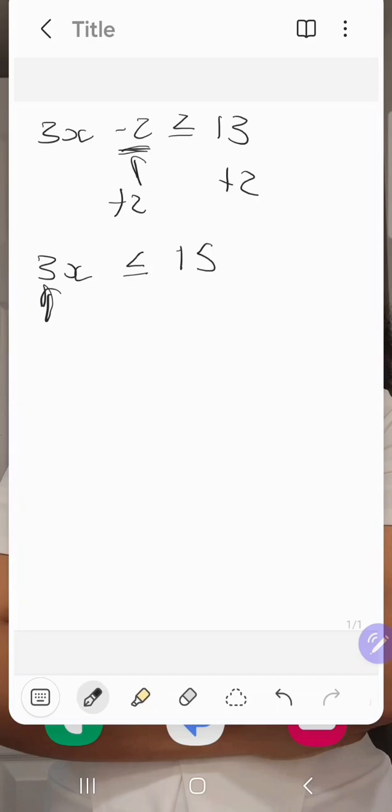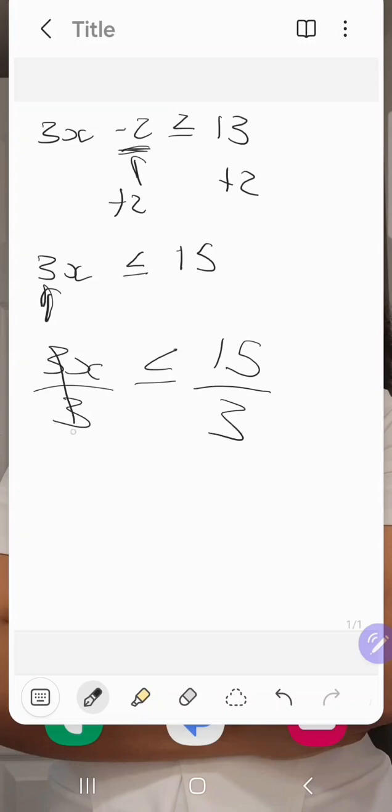With that being said, the second step is to undo the multiplication or division by applying the opposite operation. So it's 3x divided by 3 is less than or equal to 15 divided by 3. We're going to be left with x is less than or equal to 5.